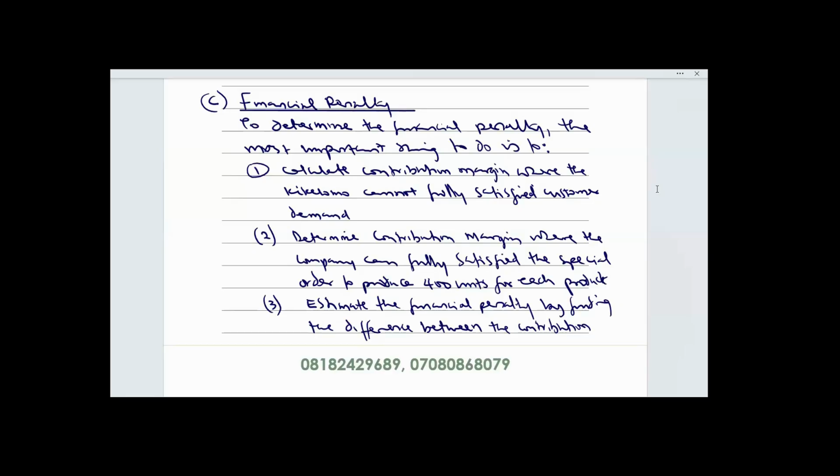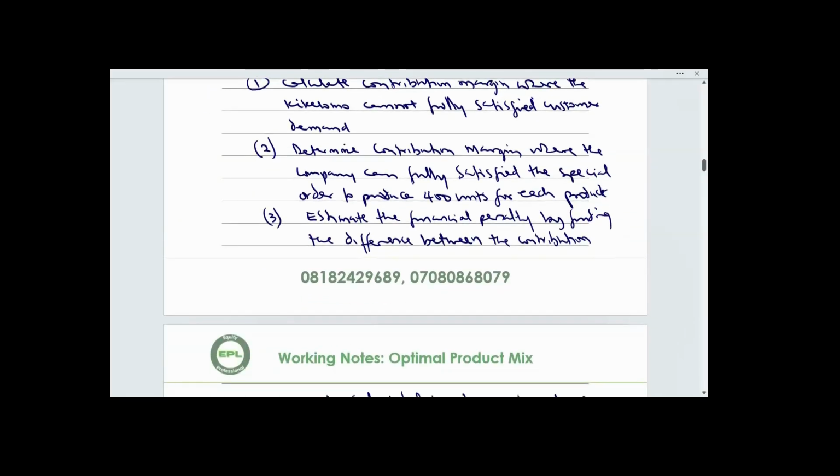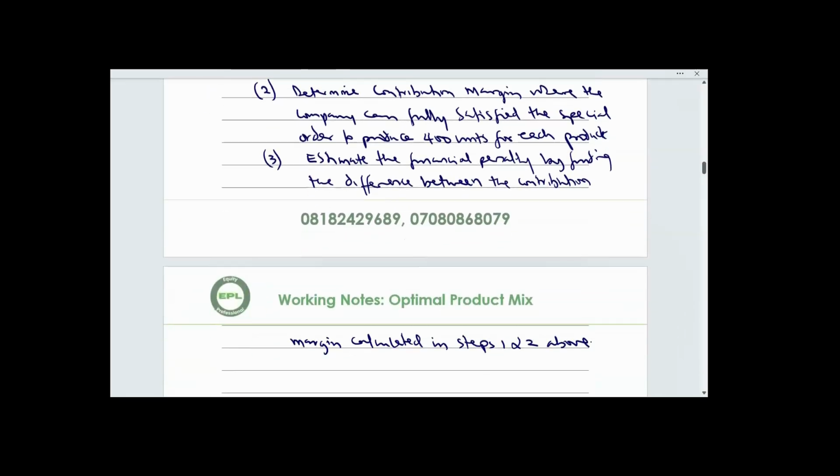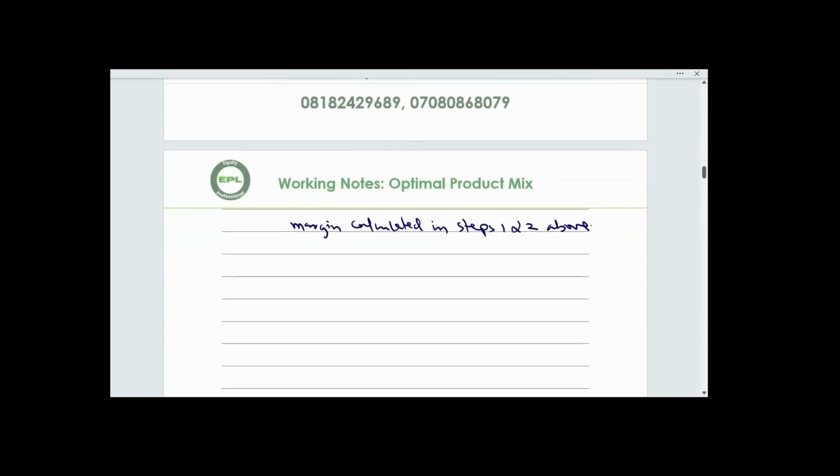In this case, as far as special order is concerned, your primary aim is to work under normal operation. You want to satisfy your normal operation. So if you want to fully satisfy your normal operation, that means you are going to make special order secondary, which is consistent with the concept of special order in the first place, because you are using spare capacity to produce special order.